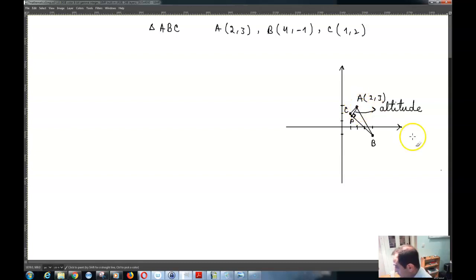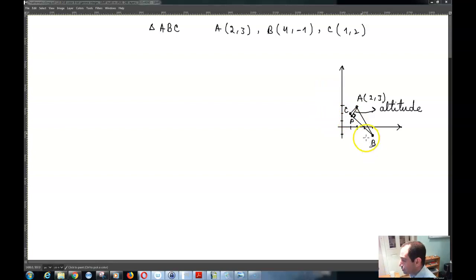So we need to figure that out first. In order to do that, we can first find the equation of the line BC, and then based on that we can find the equation of the line AP, or the line segment AP, and then we can do the rest of the things.